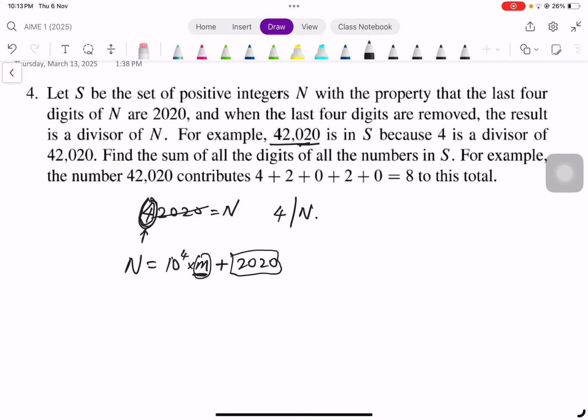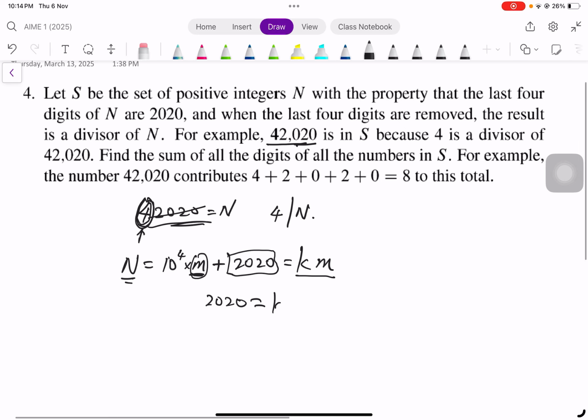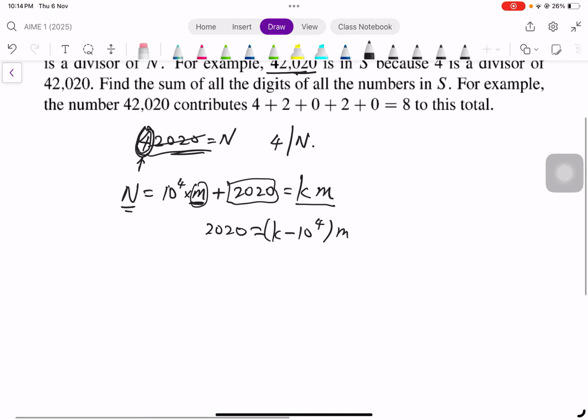That means n can be expressed as k times m. So 2020 is actually k minus 10 to the power of 4, multiplied by m. From here, you can see that m must divide 2020.